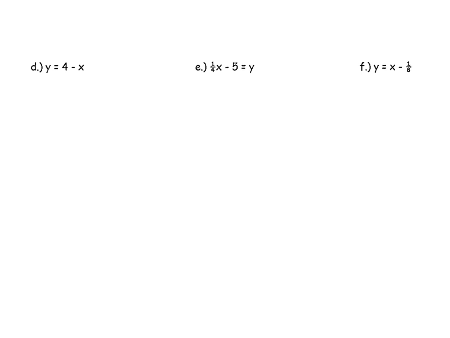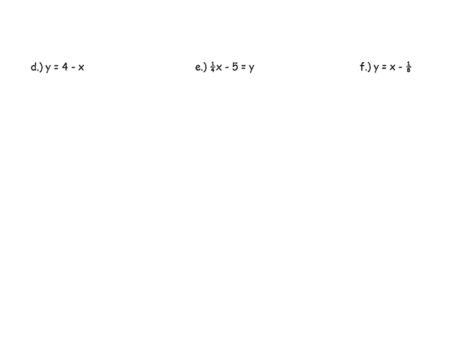And last one is F. What's my slope for F? 1 or 1 over 1. The reason that I keep making them into fractions is because I need you to remember that it's rise over run. Rise over run. And we're going to do that today. And my b, where do I begin?